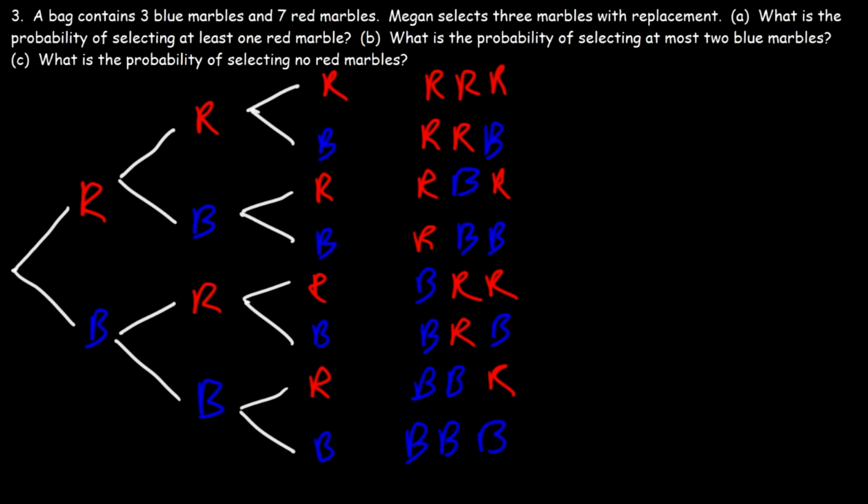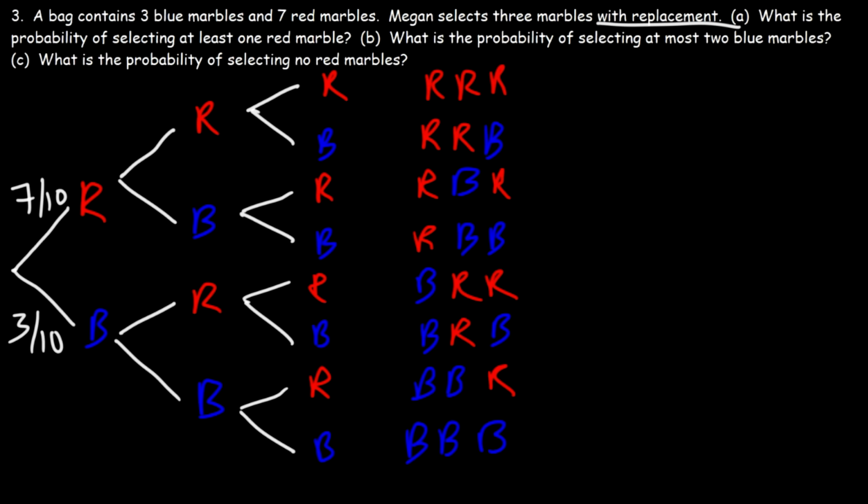Now, let's answer, well, first we need to put down the probability values. So we have 3 blue marbles, 7 red marbles. The probability of getting a red marble is 7 over 10. And the probability of getting a blue marble is 3 over 10. Now, this is with replacement, which means that Megan is going to put the marble back in the bag.